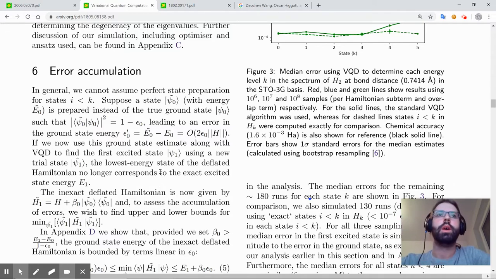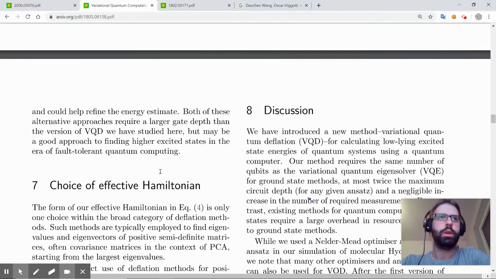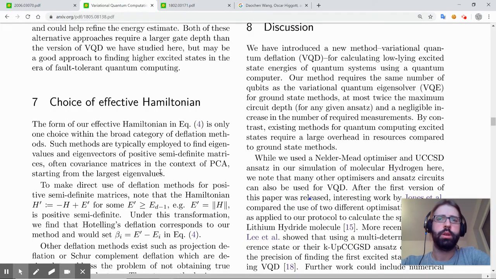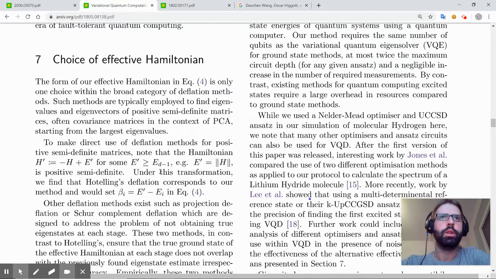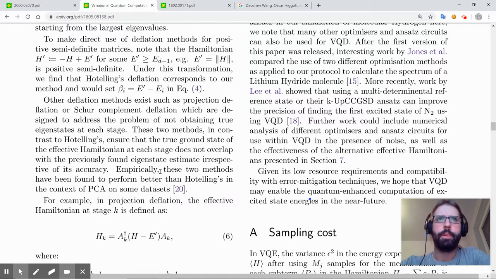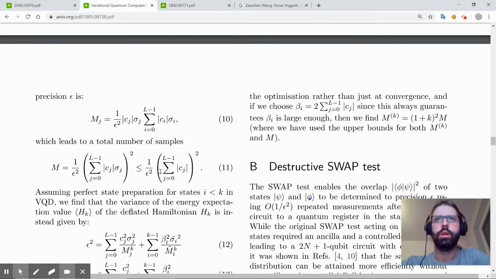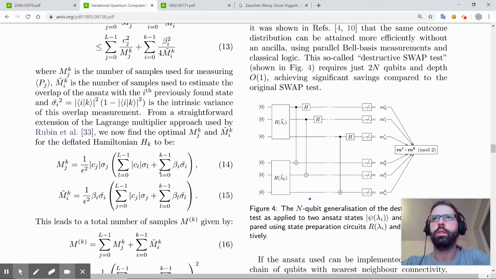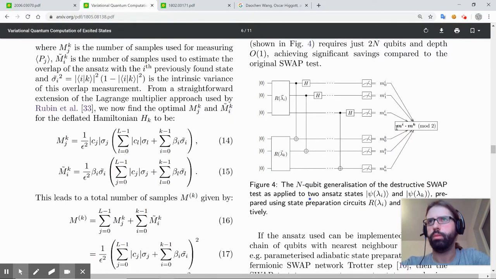Yeah, I get it. I'll dive into these probably later on, but it's the choice of effective Hamiltonian, because there's a lot of nuance to the Hamiltonian you choose, and sampling cost, and then the destructive swap test. We know about these, but I also want to dive into maybe this part, because maybe I could use that for my other project.